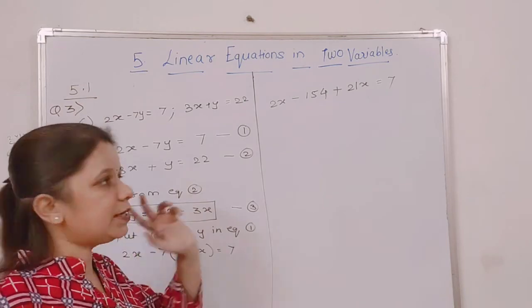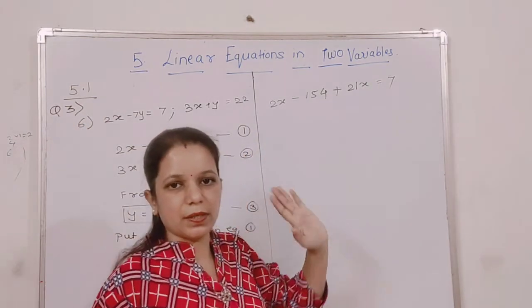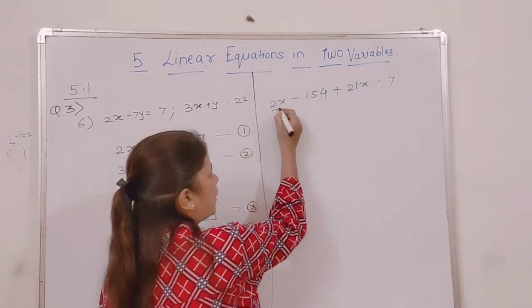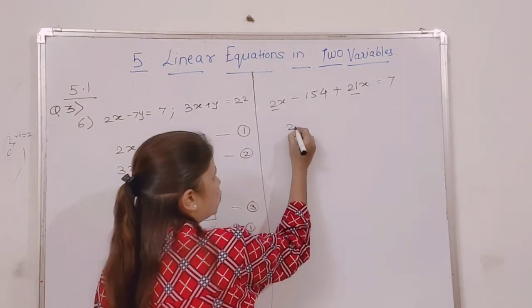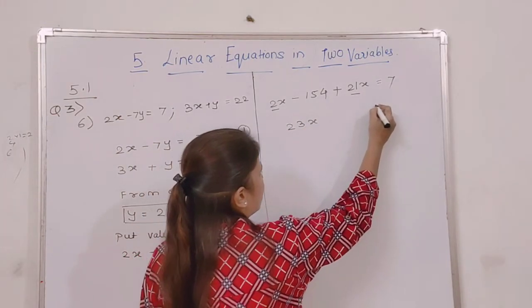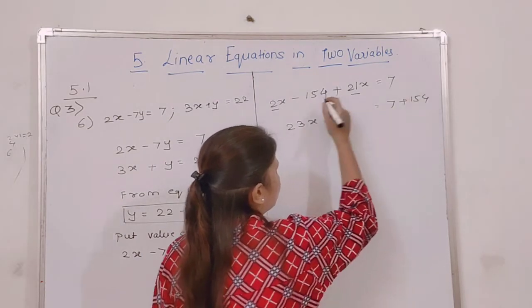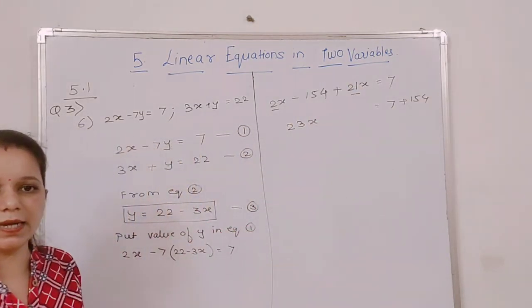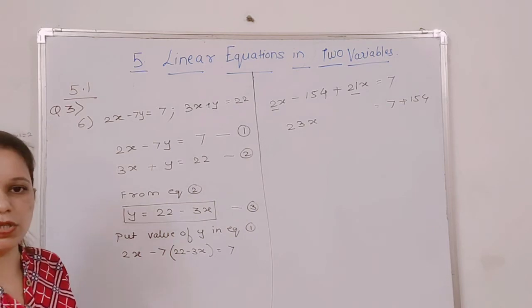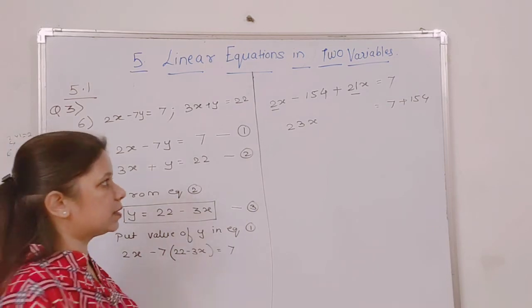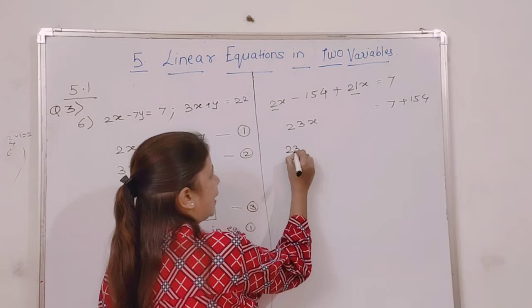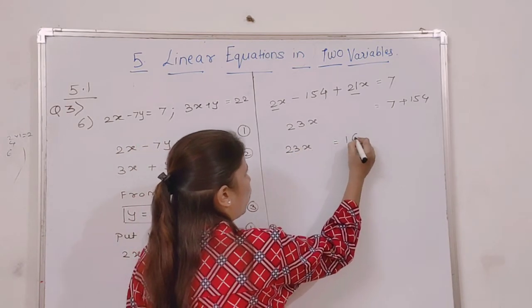Now this is a linear equation with only one variable, that is x. So 2x plus 21x will give you 23x is equal to 7 plus 154. This 154 will go on the other side. It is minus, so here it will become plus. So 23x is equal to 161.